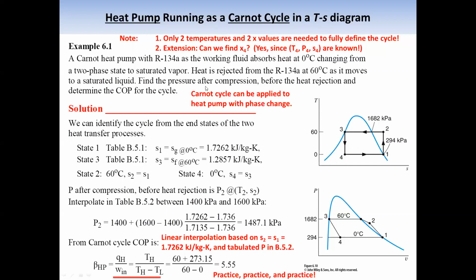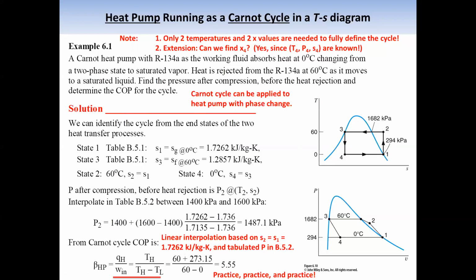Then we are asked to find the pressure of state 2. Find the pressure after compression and before the heat rejection. That's this P2, and also determine the COP for the cycle.